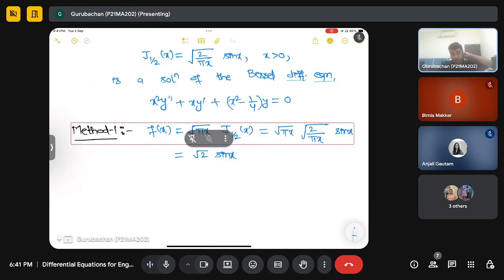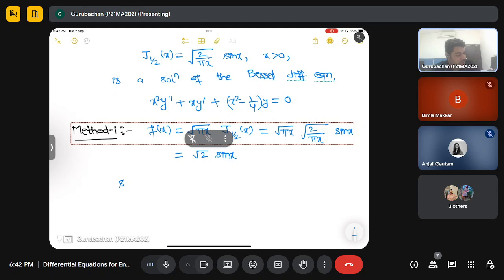If you remember, when we are solving the differential equation for constant coefficient, then cos x and sin x will occur in the solution only if we have complex roots of the auxiliary equation. So what can be the auxiliary equation in this particular case?